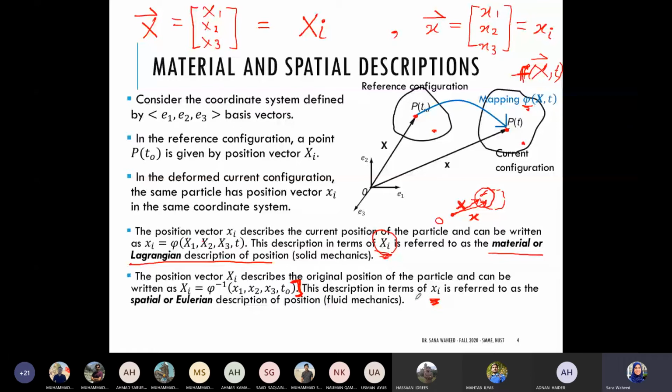Then in that case, this is known as the spatial या फिर the Eulerian description of position.